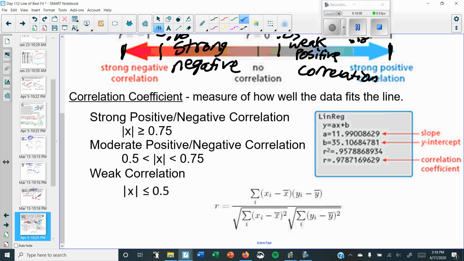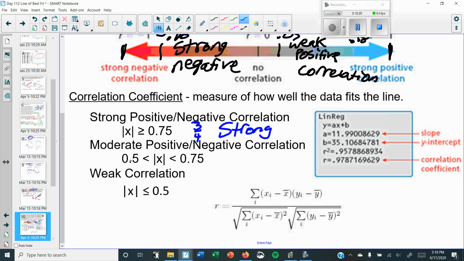Okay? So here's a little thing to help you out. And again, money seems to always help me. If it's bigger than 0.75, so like 0.76, 0.80, 0.95, even -0.95, if it's bigger than 3/4, it's a strong correlation.